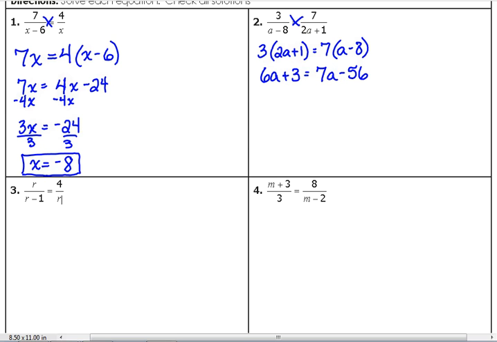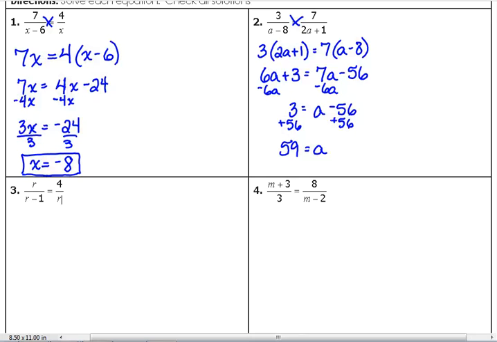All right. So we got variables on both sides. I'm going to move the 6a because it's smaller. So 7a minus 6a is just a. And then add 56. So we get 59 is equal to a.